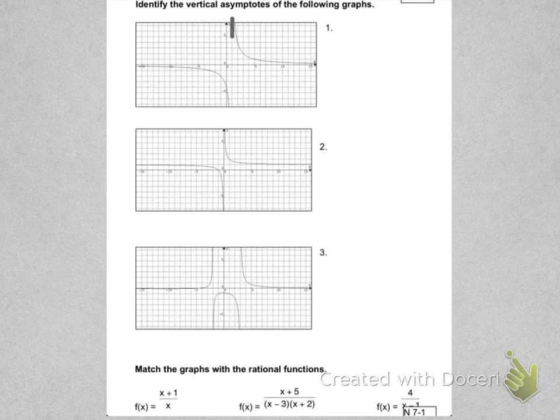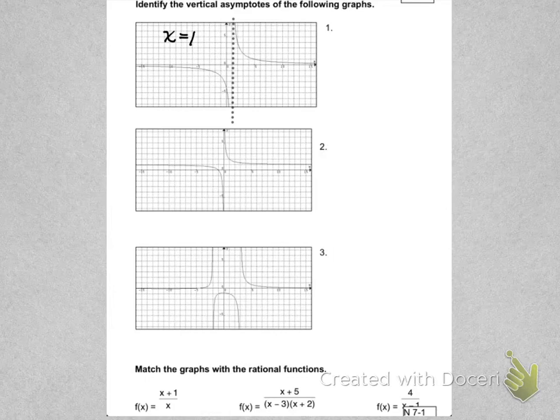That would be this line right here, which is at x equals 1. Notice that vertical asymptotes, being vertical lines, have the equation x equals some number. If you just put a 1, I'm not going to count it right, because it is a line, not a point.